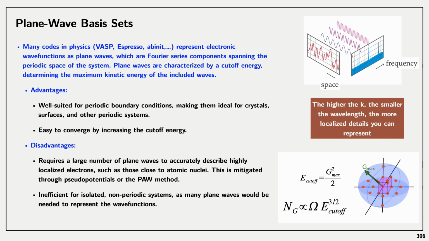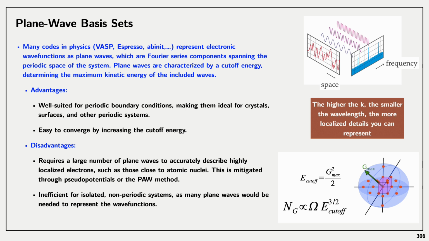The square of the highest momentum divided by 2 is basically the energy of the wave. So we typically give a cutoff energy when we do plane waves, and then the number of waves scales as the energy cutoff to the power three halves.